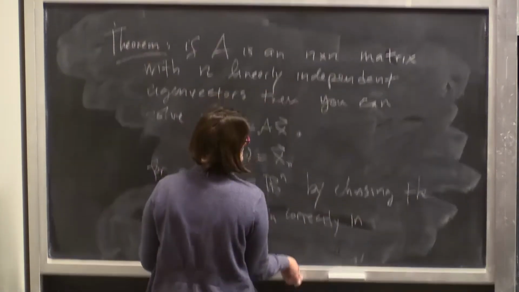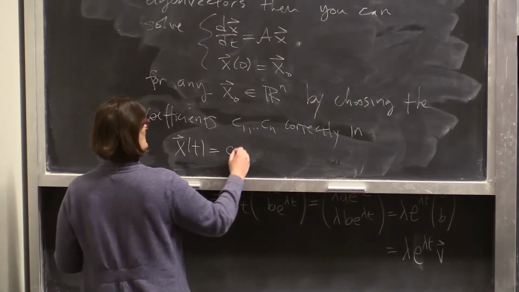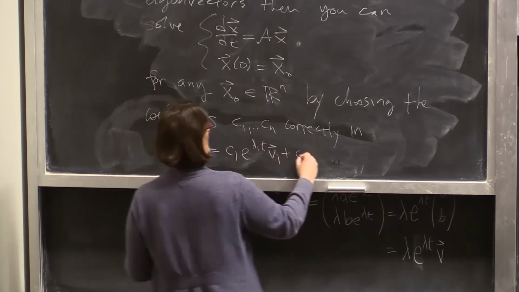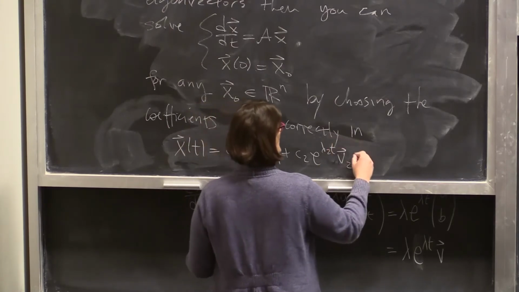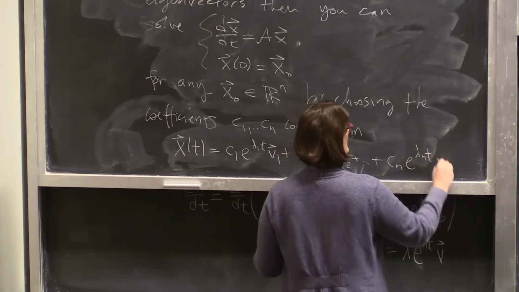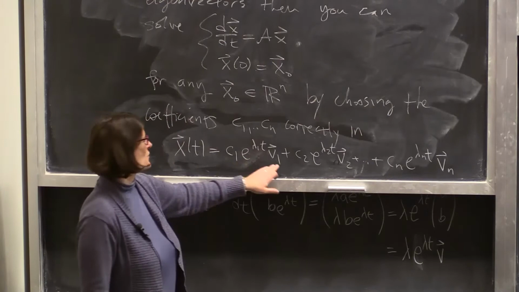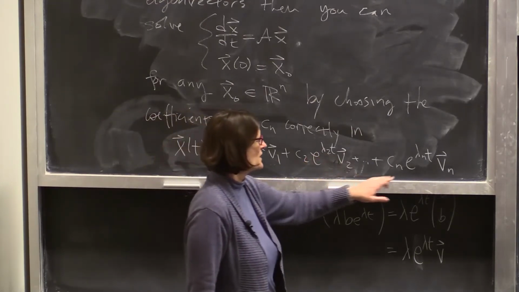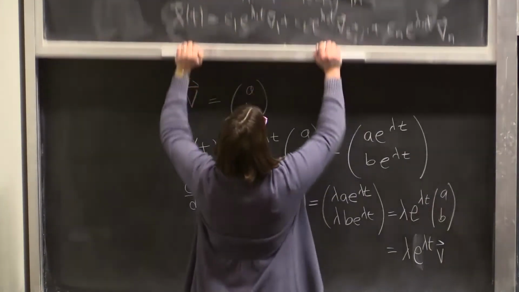in the general solution. x of t is C1 e to the lambda 1 t times V1 plus C2 e to the lambda 2 t times V2 up to Cn e to the lambda n t Vn, where lambda 1 is the eigenvalue corresponding to V1, lambda 2 is the eigenvalue corresponding to V2, lambda n is the eigenvalue corresponding to Vn.